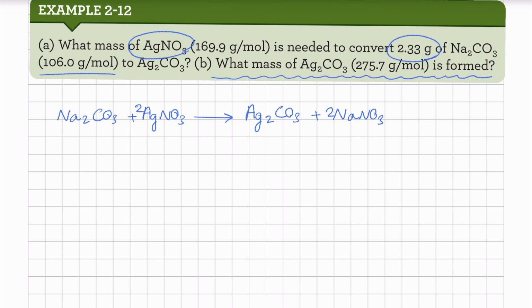So let's go, we can say 2.33 grams of Na2CO3 divided by 106 grams per mole is equal to 0.02198 moles.